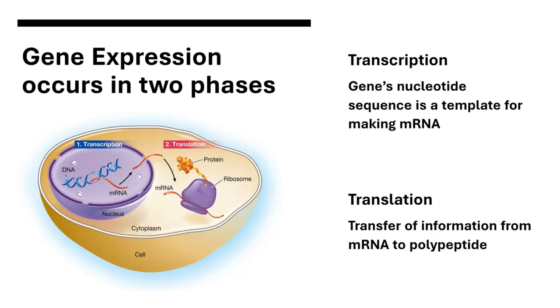And then translation is the process by which we're going to take the information on the messenger RNA and actually assemble that protein. So we're really assembling a polypeptide. We're creating a polypeptide chain, and then that polypeptide chain is going to fold into its unique shape, which then becomes the protein.